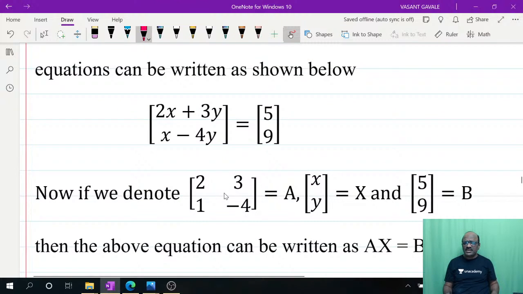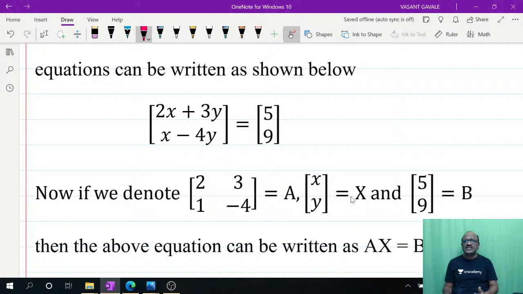Therefore, here the A matrix means what? The coefficient matrix. What is the coefficient matrix? [2 3; 1 −4]. Their coefficient of x is 2, coefficient of y is 3; for the second row, coefficient of x is 1, coefficient of y is minus 4. This is A. Next, the variable matrix.